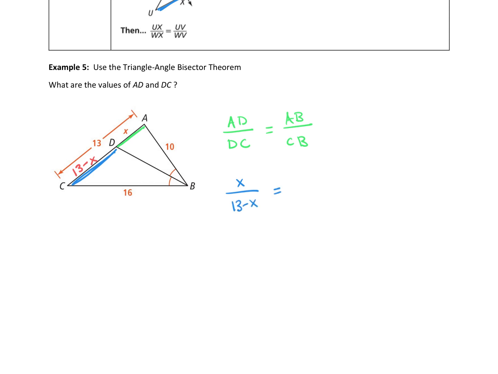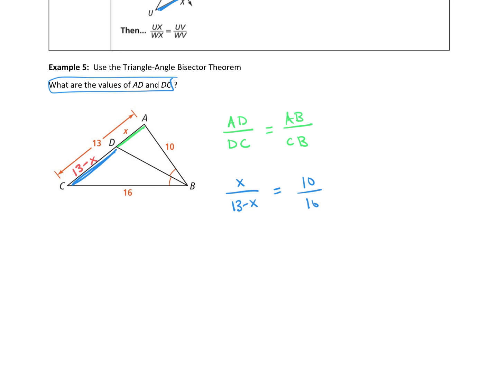We're going to set that equal to, now we have to find AB. AB is 10. And CB, here's CB, is 16. What this does is this gives us an equation that we can solve for x. We can plug x back in to answer the question, finding the values of AD and DC.